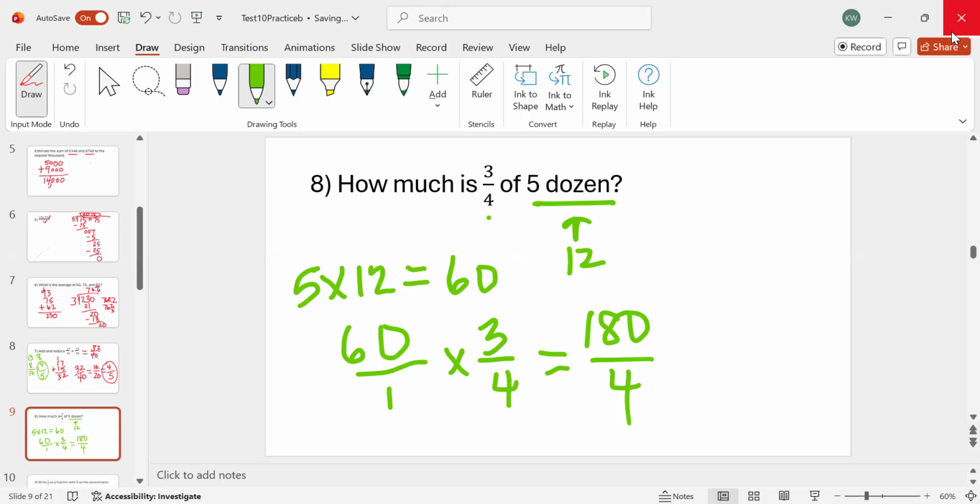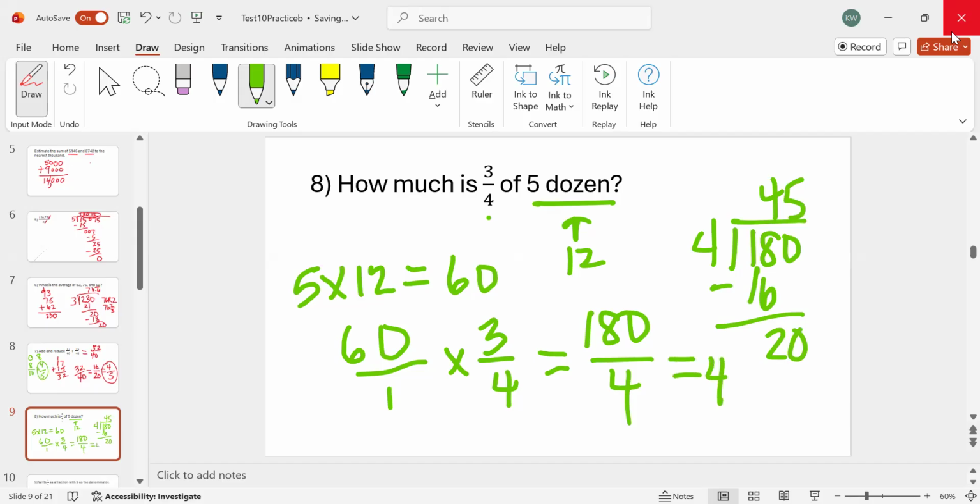There are a number of different ways that you can do this, but if you do that, let's do this as long division. 4 goes into 18 4 times, so you get 16. Get 2, bring down the 0. 4 goes into 20 5 times. So 180 divided by 4 is 45.